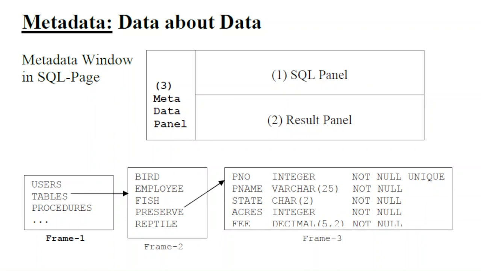The next topic is about metadata. We mentioned that in a previous video. We want to say a few words about it now. If you look at your SQL page, whereas in the past we only looked at the SQL panel and the result panel, we're going to bring to your attention another panel, which is a metadata panel, and that's the third panel among the many different panels on the real world SQL pages.